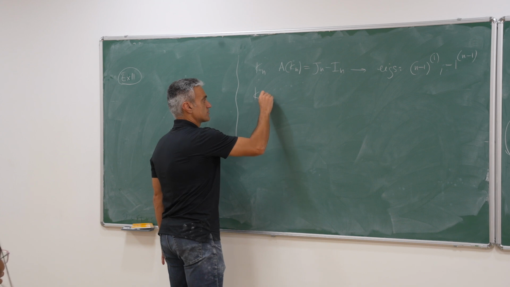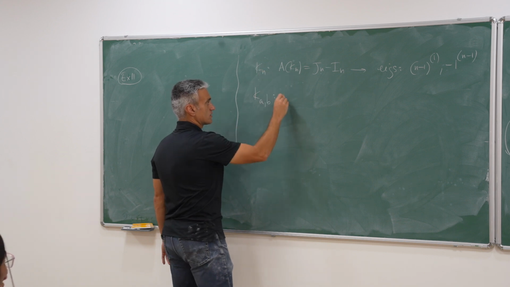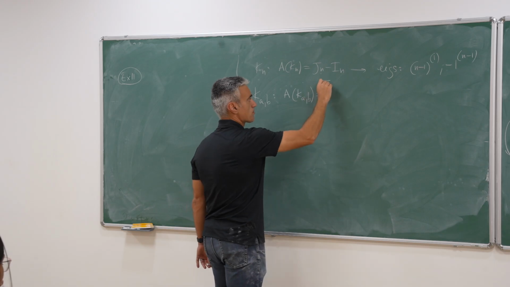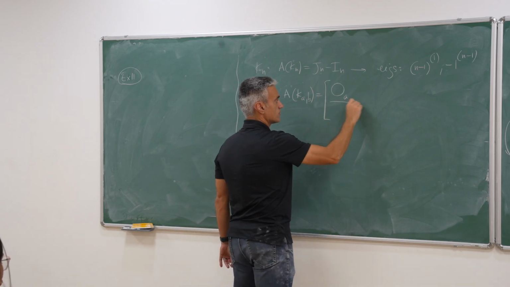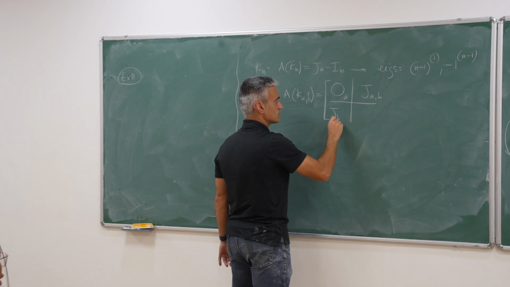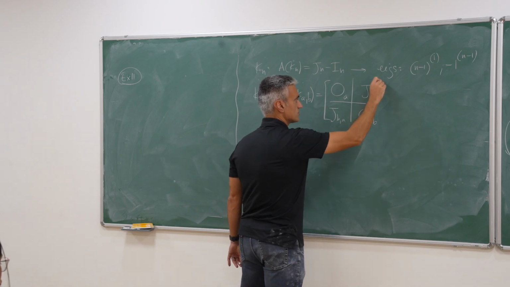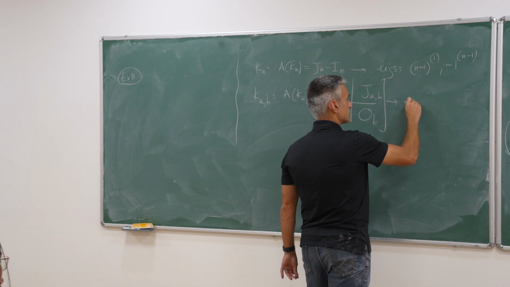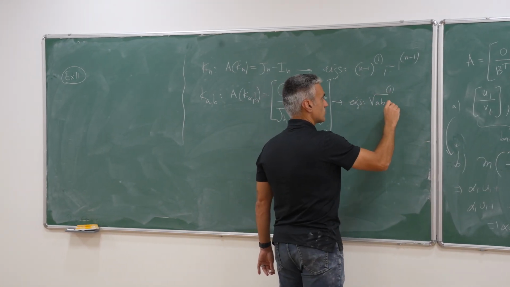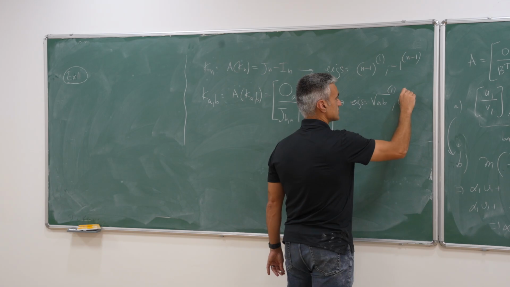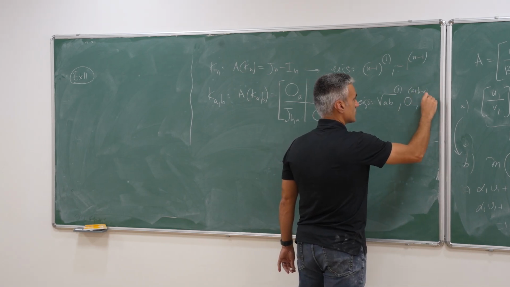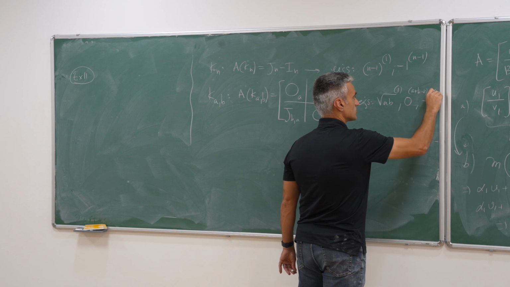The second one, complete bipartite Ka,b: the adjacency matrix of Ka,b is 0_A, all-ones AB, all-ones BA, 0_B, and the eigenvalues are square root of ab with multiplicity 1, 0 with multiplicity a plus b minus 2, and minus square root of ab with multiplicity 1.